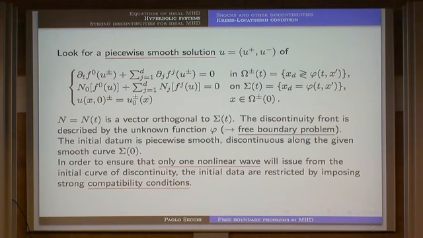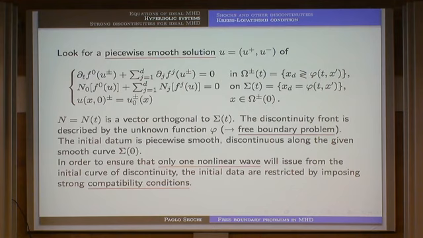And here we want that there will be only one nonlinear wave, only one. One shock or one contact discontinuity, only one. And this is obtained if the initial data satisfies some very strong conditions that avoid the other kinds of discontinuity.